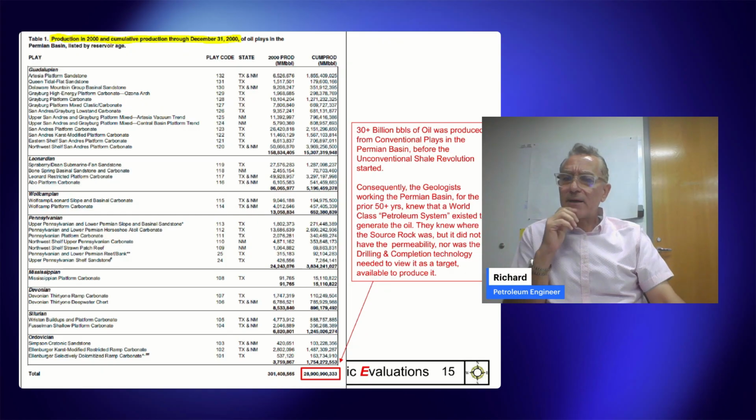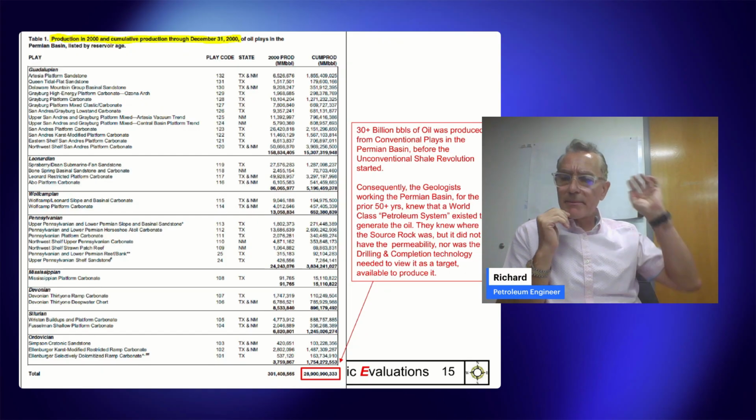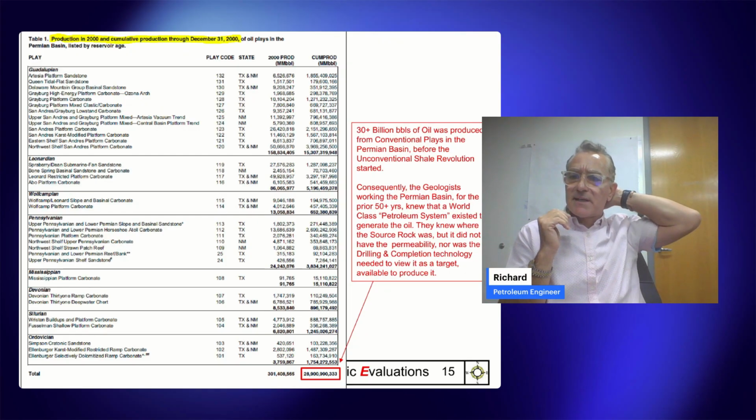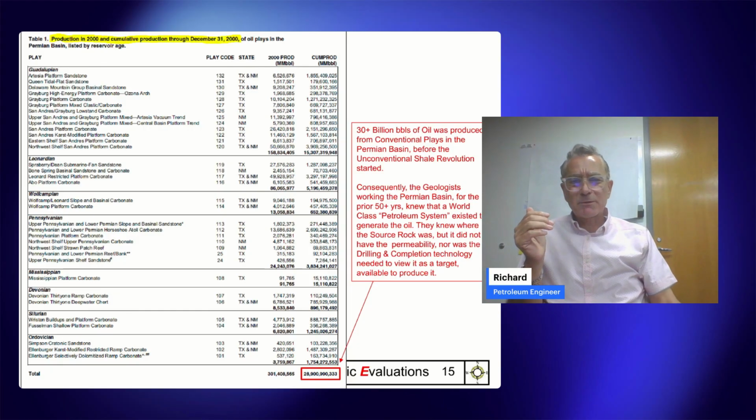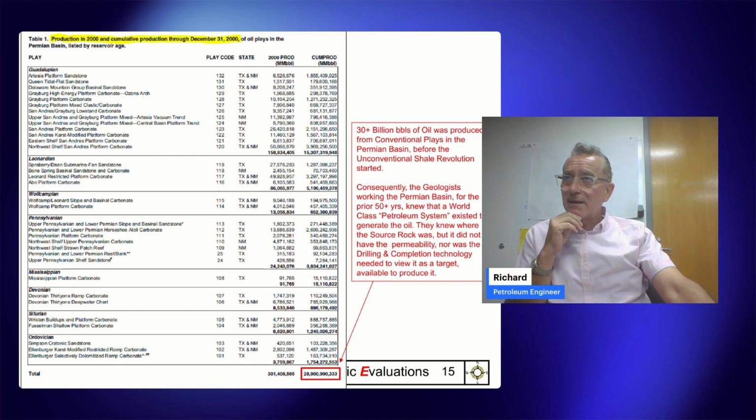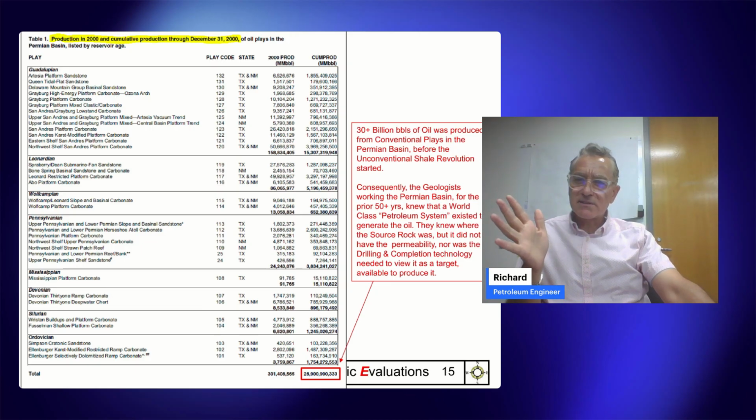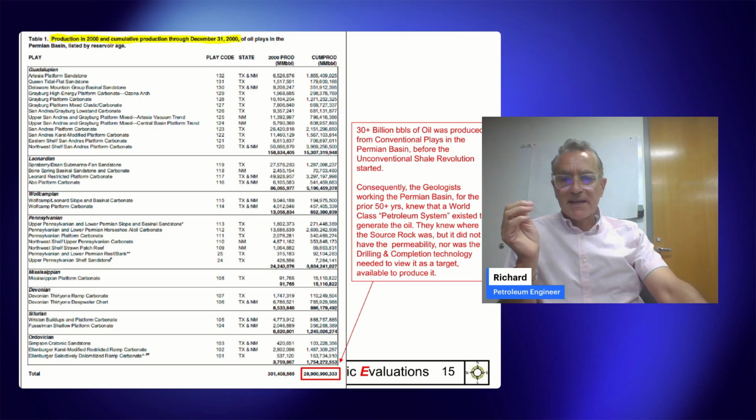Now, I'm just going to point out here, this is from the Bureau of Economic Geology, and this is a study that was put together and published. It was put together starting in the late 90s, and it was published in the early 2000s. I believe it's around 2006. It is basically a snapshot of the various plays that have been identified geologically for the Permian Basin.